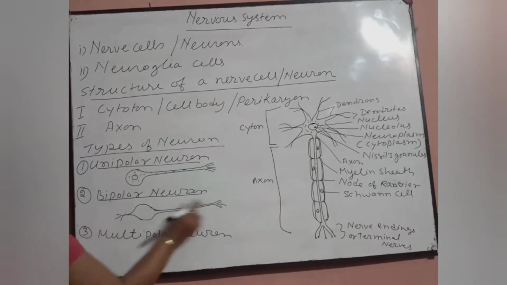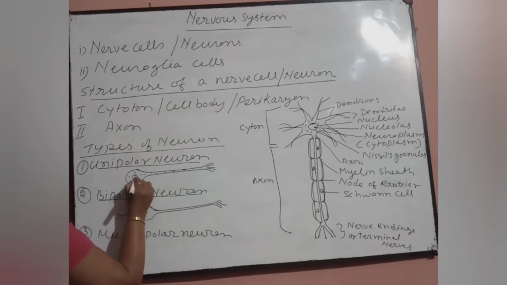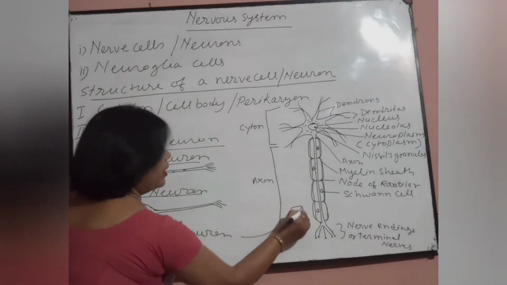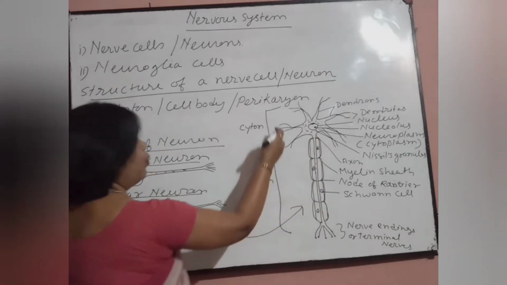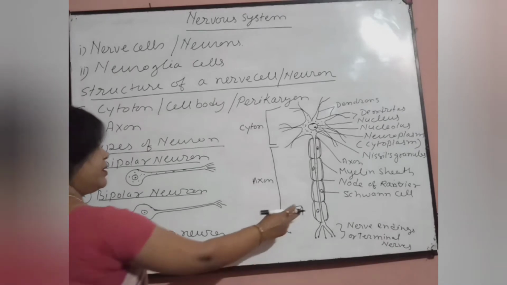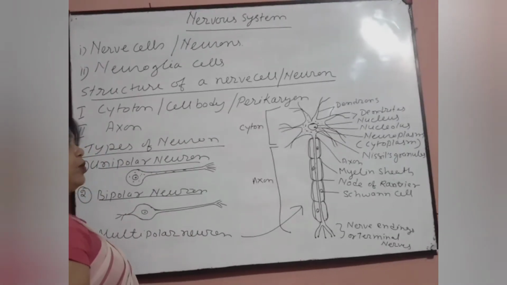It forms two ends. That means two poles. And a multipolar neuron is the one which has more poles.